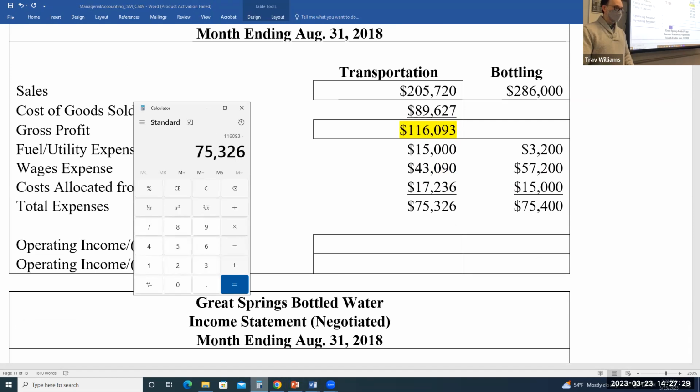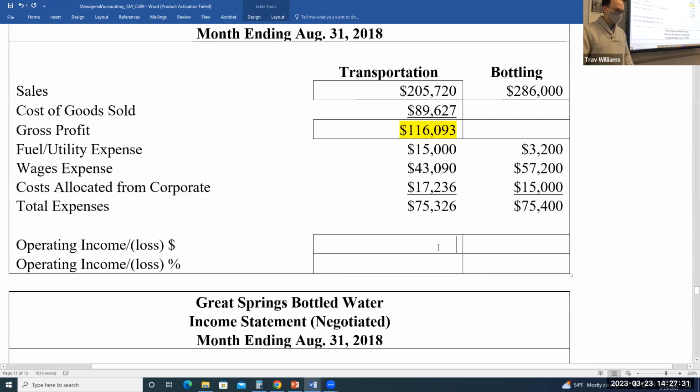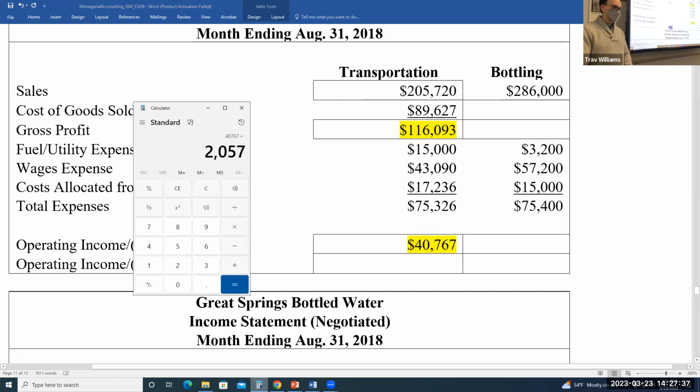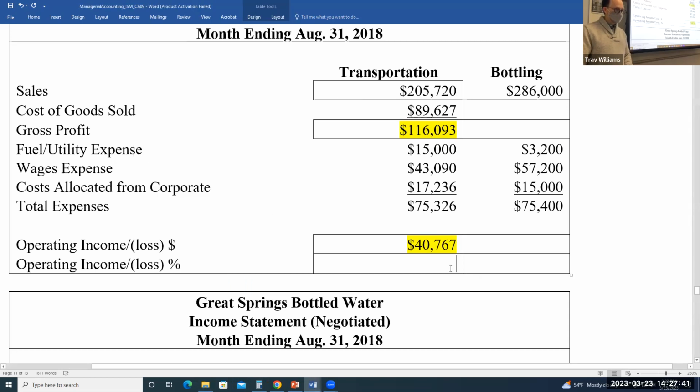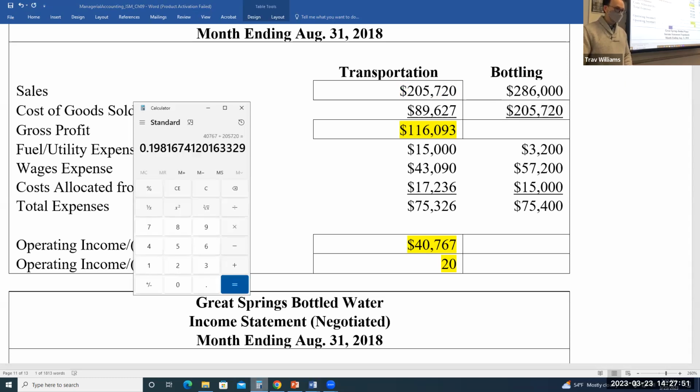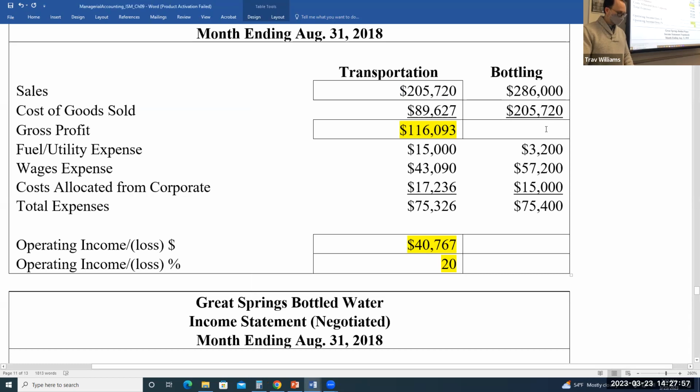Subtract the expenses. Divide by sales. And that's 20%. Again, sales for transportation is cost of goods sold for bottling. We get a gross profit of 80,000.